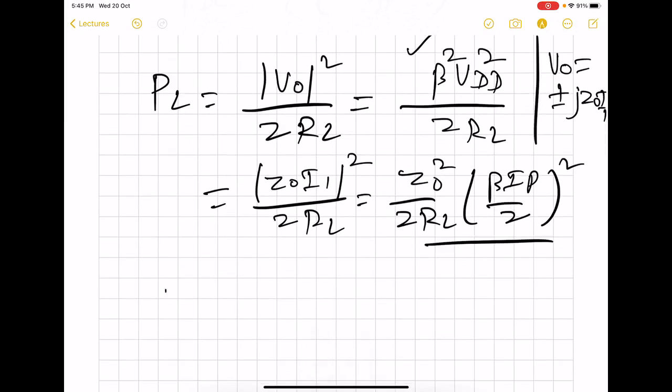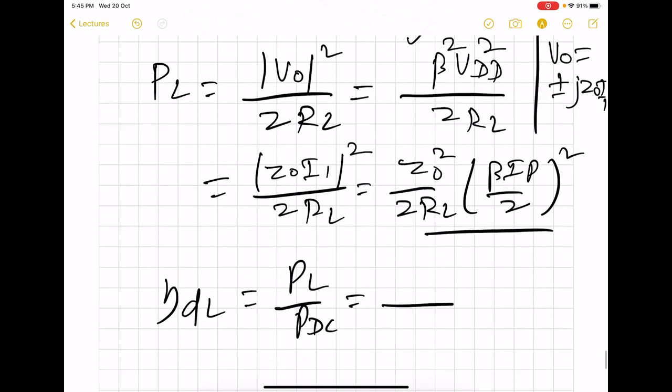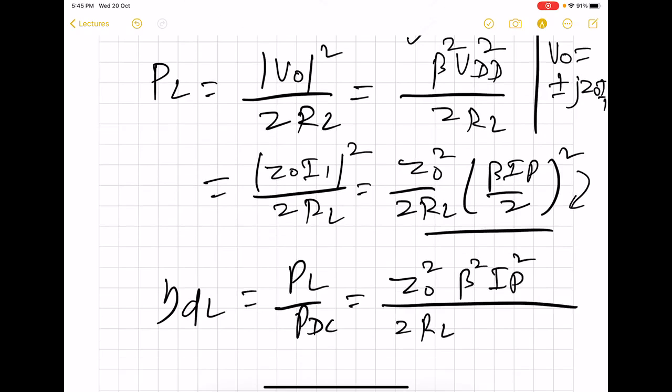So therefore the efficiency for lower drive, which is PL by PDC, becomes Z naught square beta square IP square, coming from here, divided by 2 RL.